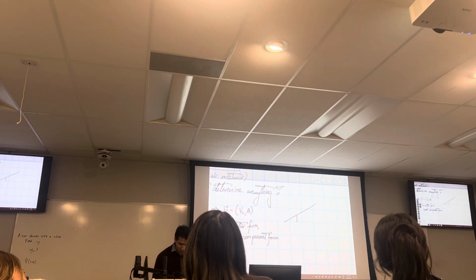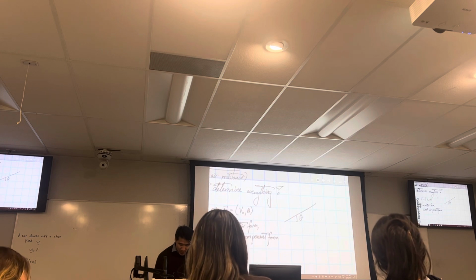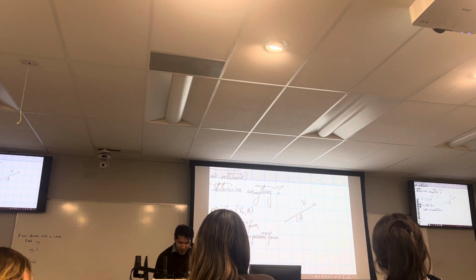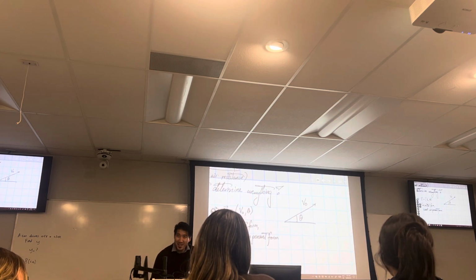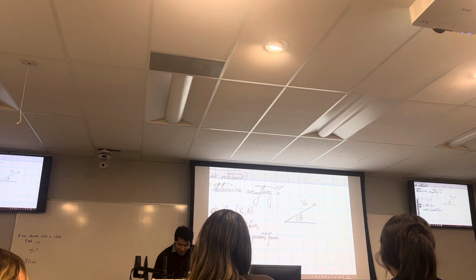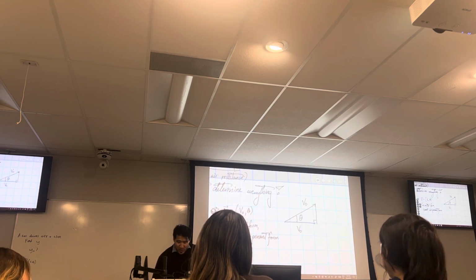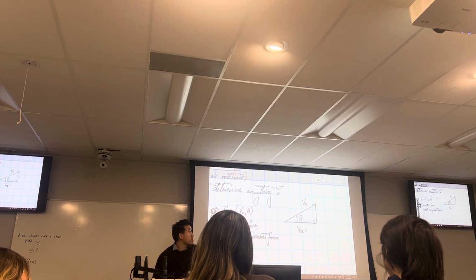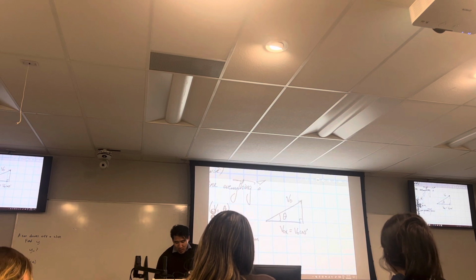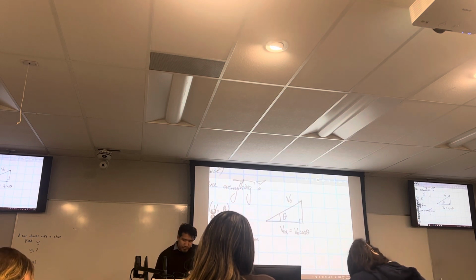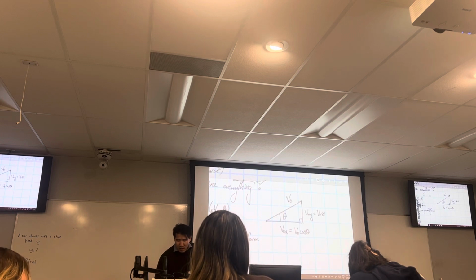Because we know the theta, that is going to be V naught, and the theta is made with respect to the horizontal. What kind of a triangle do we have? Right triangle. So V naught x, by the trigonometry of this, is going to be V naught cosine of theta. And V naught y is going to be V naught sine of theta.